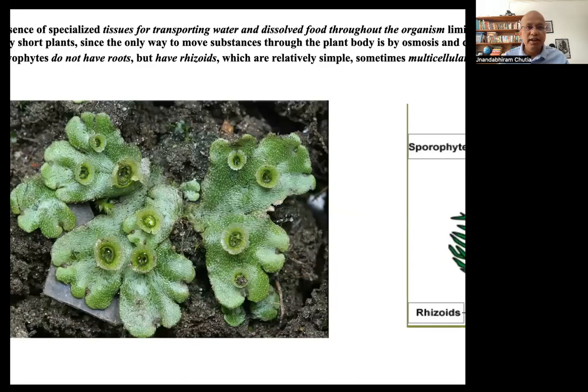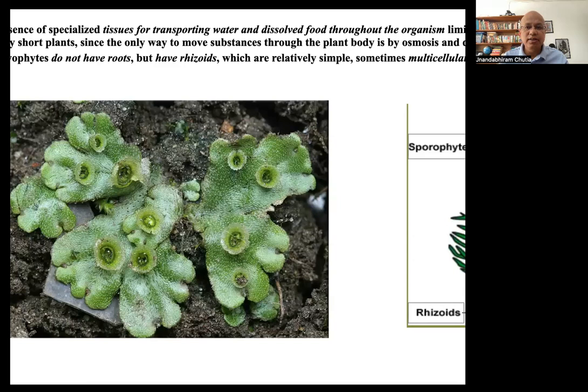The bryophytes do not have any specialized tissue for transportation of water and dissolved food throughout the system, and that limits the terrestrial forms to being very short plants.